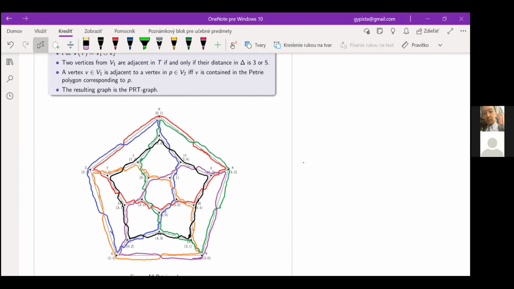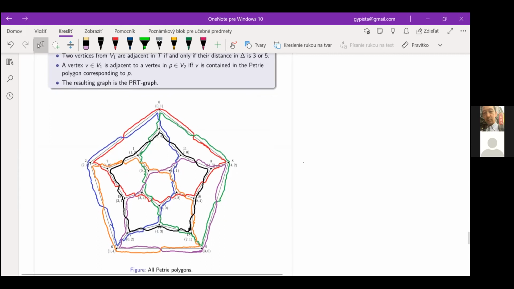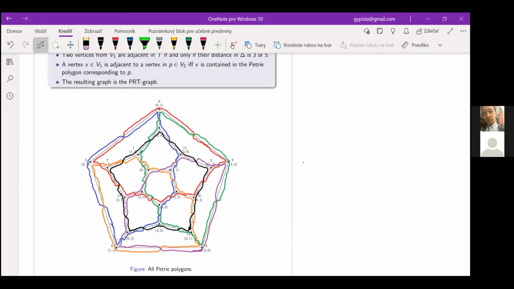So take the vertices of the dodecahedron and put edges between them when the distance is 3 or 5. And a vertex of the dodecahedron is adjacent to a Petrie polygon when in the dodecahedron it is containing it.